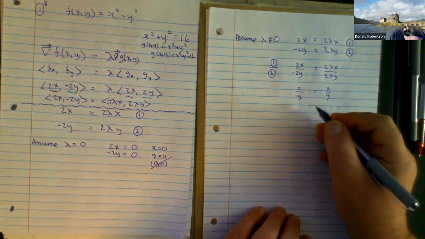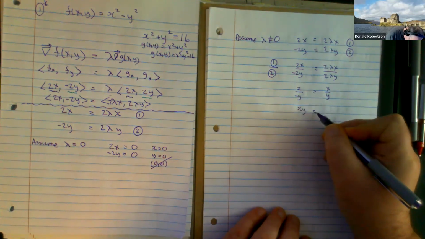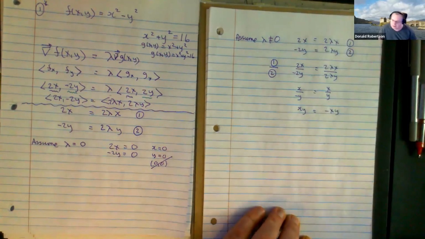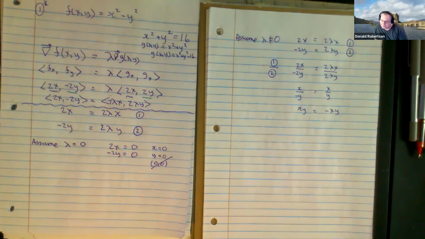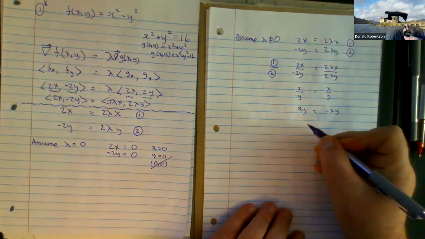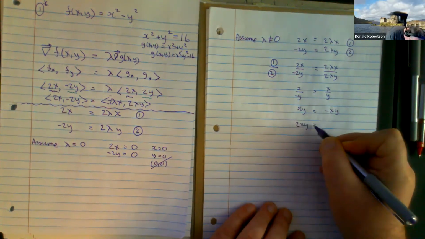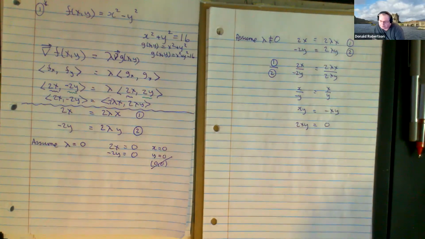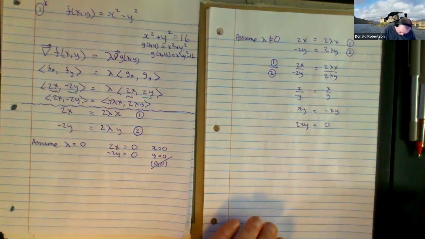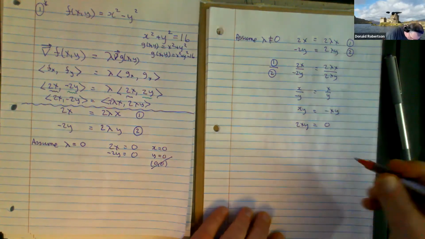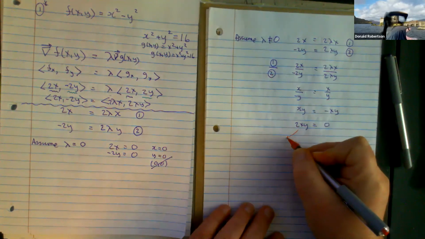If I cross multiply these, don't you get xy is negative xy? In this particular case, you get that. Most of the time what I said is correct, but this one has got a little twist on it. I'm going to solve it.